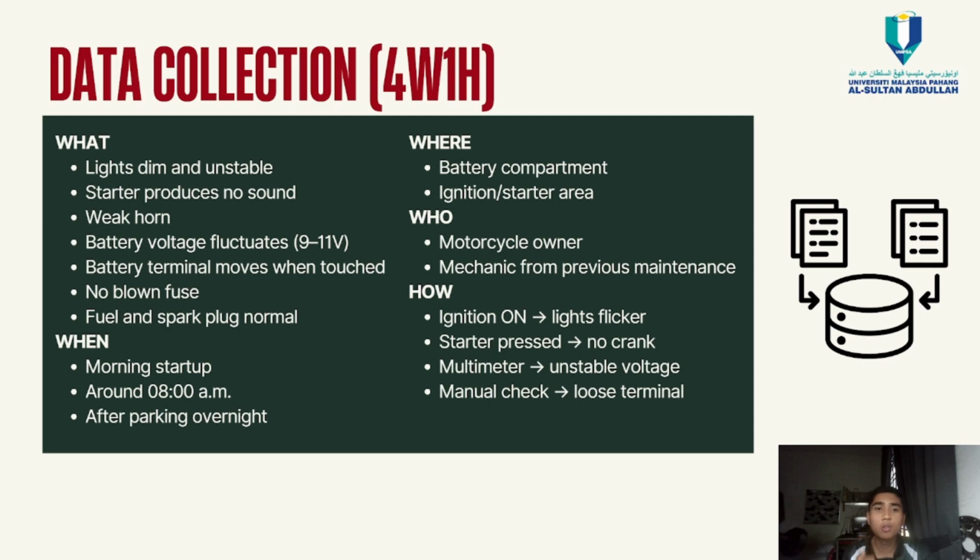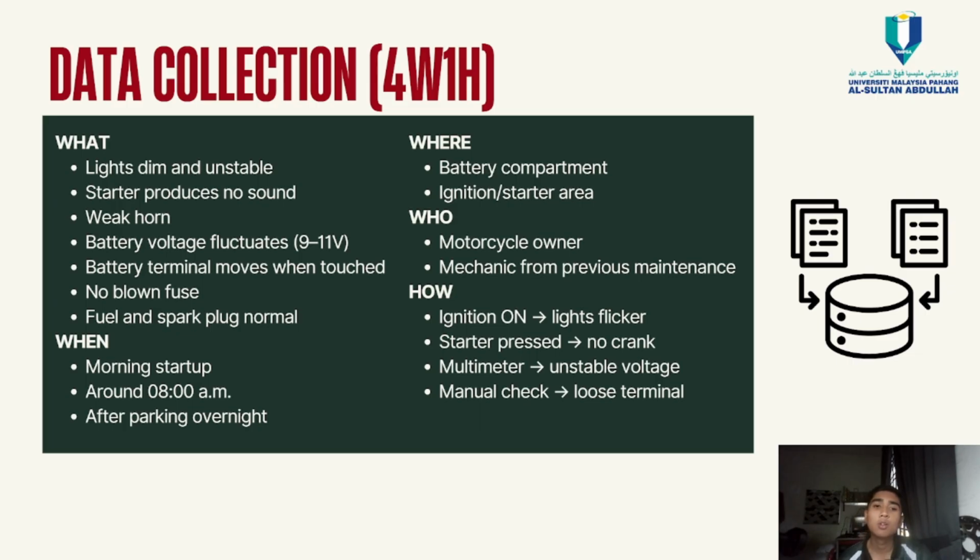So we go to number 2, which is when. It happened around morning startup, around 8 a.m. after parking overnight. The third W is where, which is in the battery compartment and the ignition or starter area. The fourth W is who.